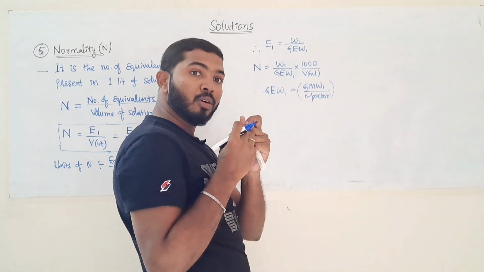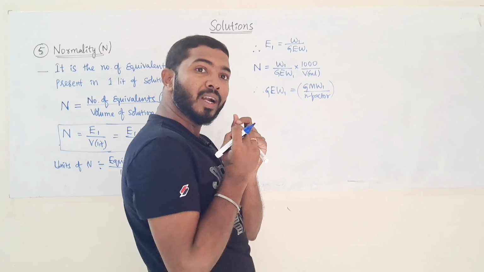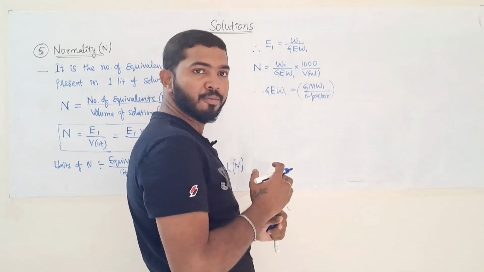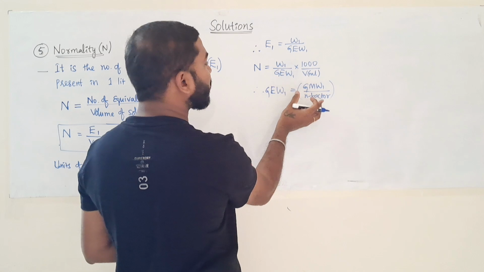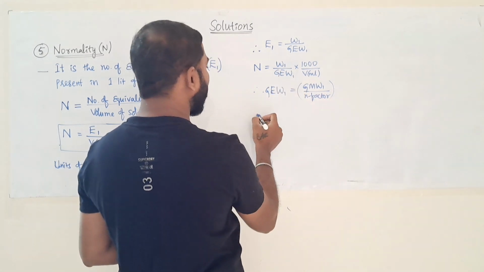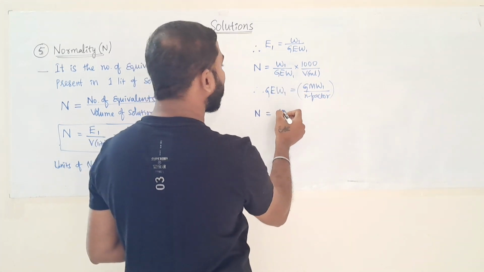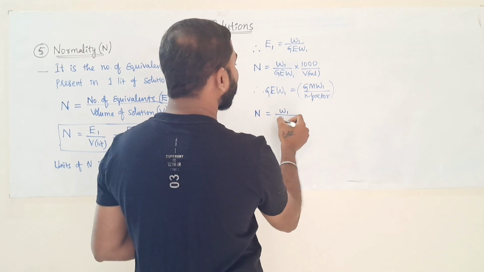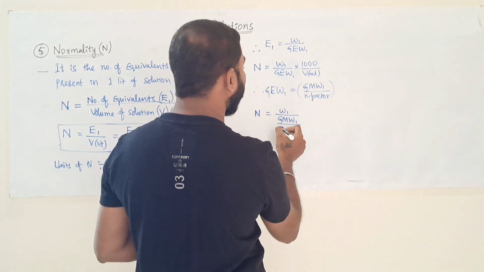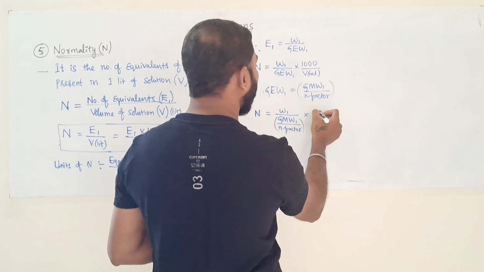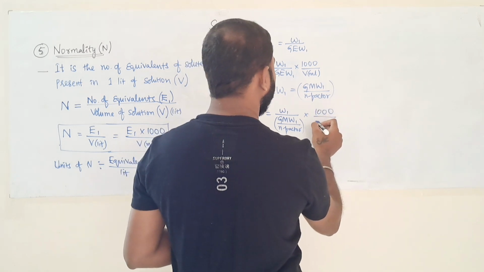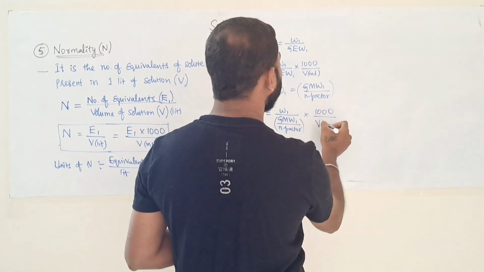It is very important to understand what exactly this n factor is, which I am going to discuss very soon. Now if we substitute this value here, we get normality is equal to weight by gram molecular weight divided by n factor, into 1000 by volume in ml.